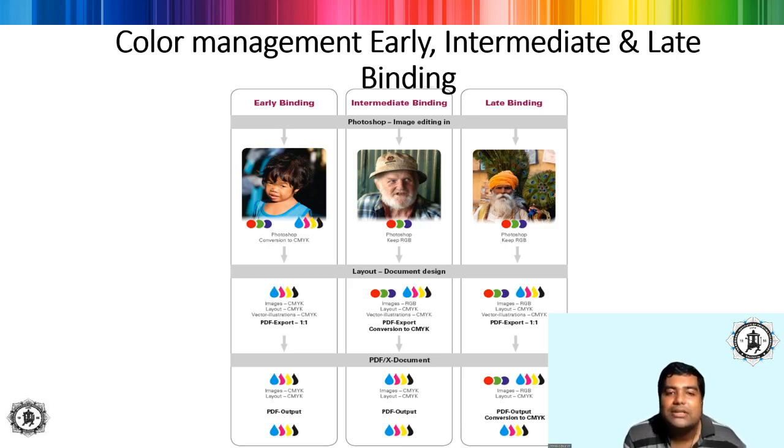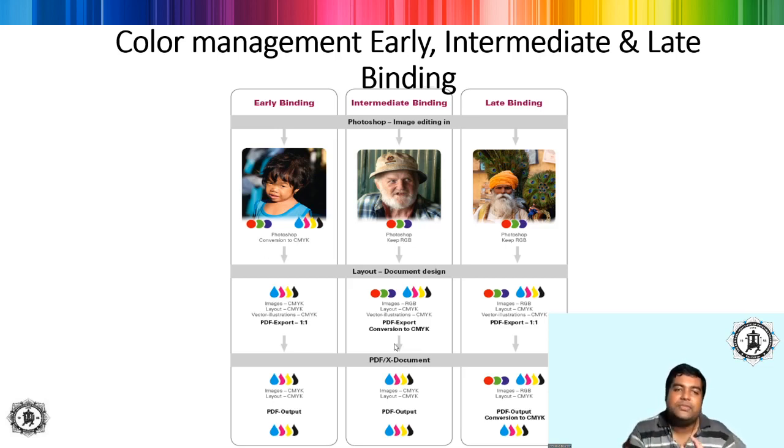So what is the concept of intermediate binding? You do the editing of your image in Photoshop and keep it in your RGB space, ICC based RGB space only. Now when you place these images in your layout document, the images are converted to CMYK when the PDF is being created from the layout application. So what conversion is happening in the background?